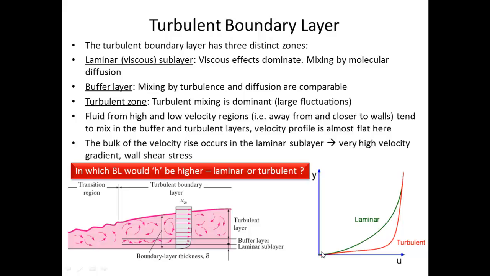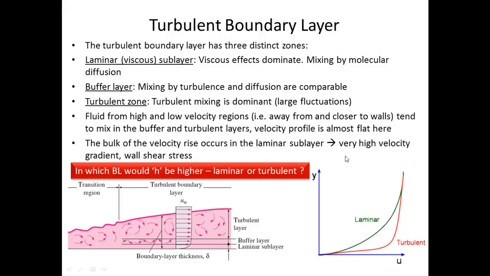Recall that the velocity has to increase from 0 at the wall to 99% of the free stream velocity in the boundary layer. So since there is not much change occurring in the latter two zones, almost the entire velocity increase happens within the laminar sublayer, which is a very thin layer.